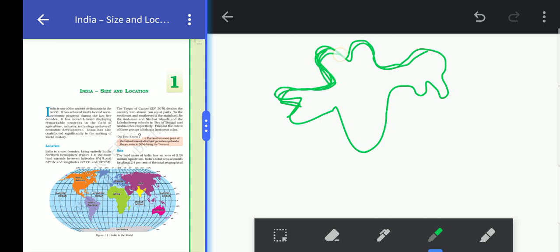We find Pakistan, China, Nepal, Bhutan, and this side we find Myanmar. Here we find Bangladesh. So the line that we share with other land countries is known as borderline. And the coastline is the line that we share with the seas. So they have measured this, and it comes like the border is 15,200 kilometer, and the coastline, what is the coastline?